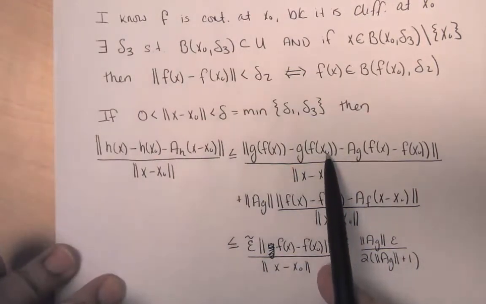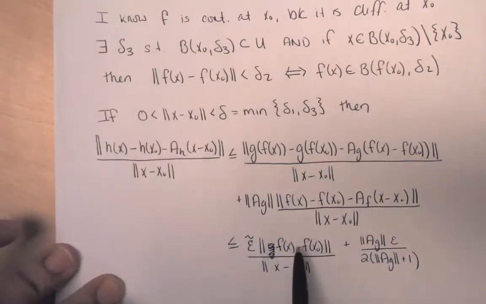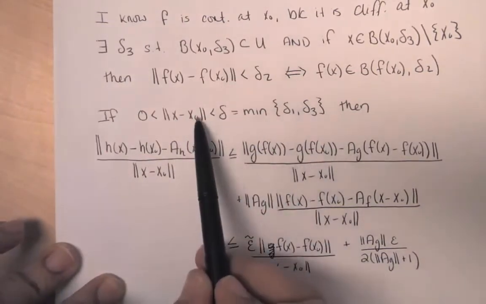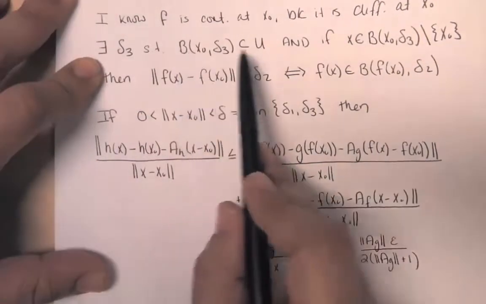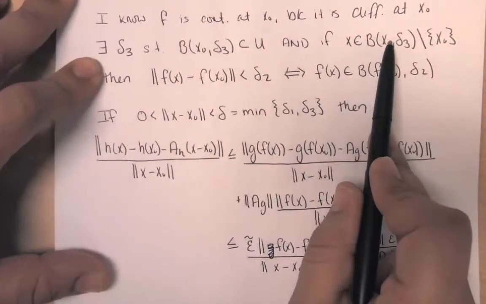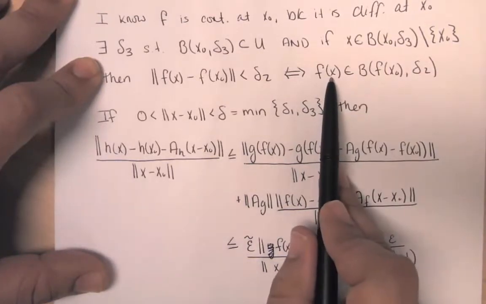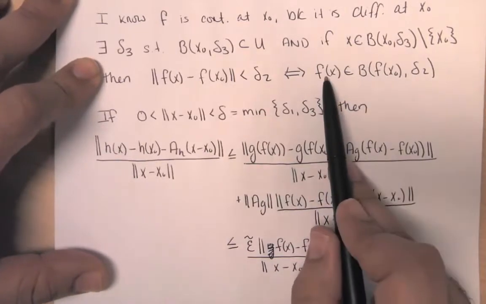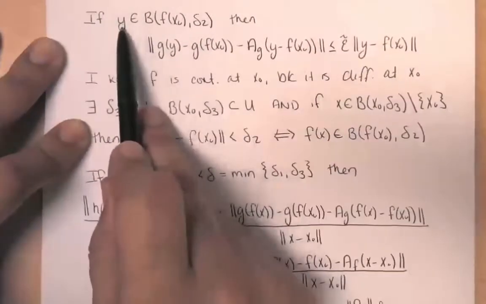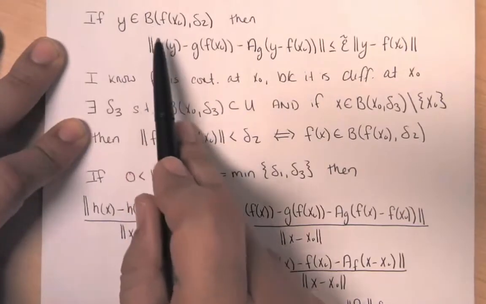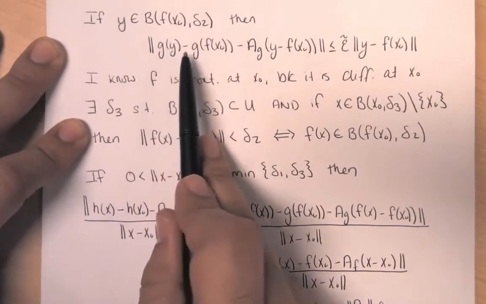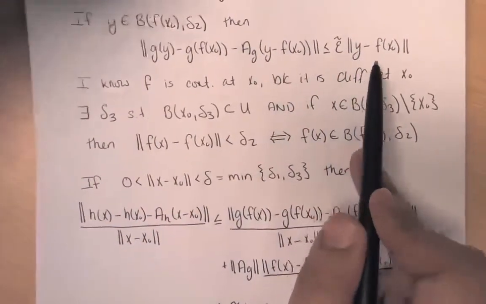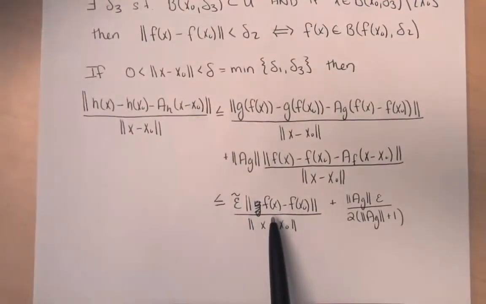Now, how do I know that this numerator is bounded by this numerator? Well, because x is within both delta 1 and delta 3 of x naught, I know that x satisfies this condition, which means f of x is contained in the delta 2 ball of f of x naught. That means f of x satisfies this condition, which implies that g of f of x, in other words, if I let y be f of x, this is true, which is exactly what I have here.